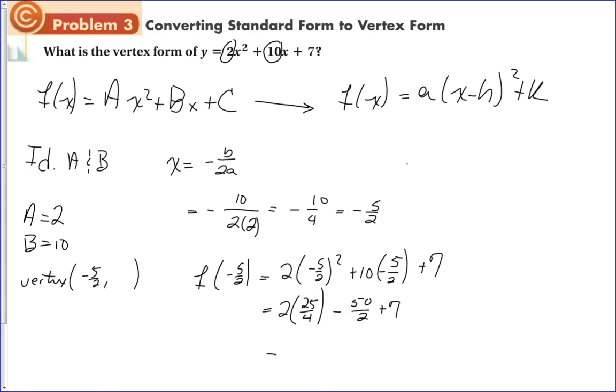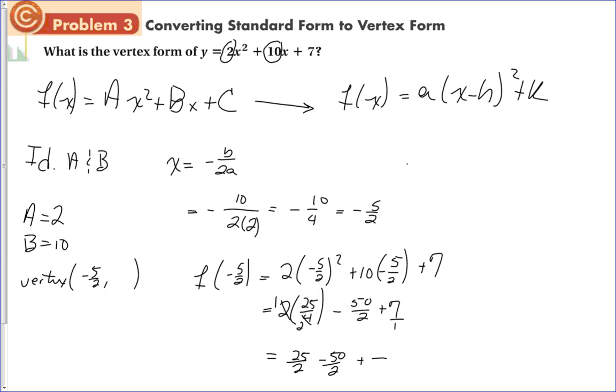Now, this here, 2 times 25 over 4, the 2 and the 4 will cancel. This will go to a 1, and this will go to a 2, leaving us with 25 over 2 minus 50 over 2 plus 7. Now, for the 7, our common denominator, because that's really 7 over 1, is 2.